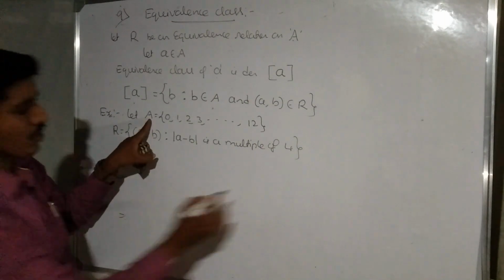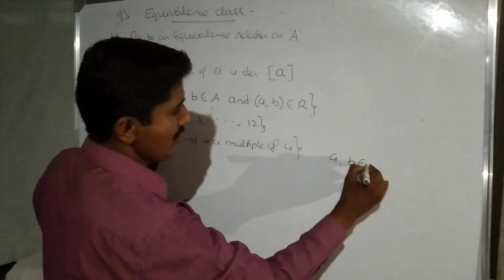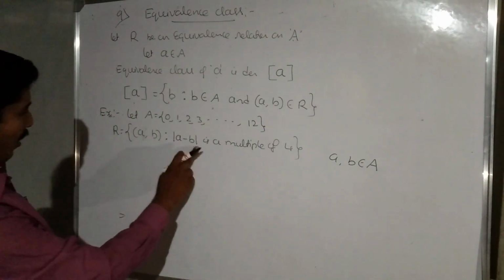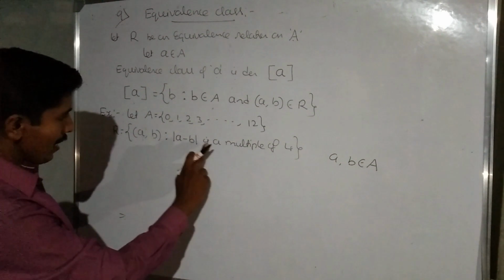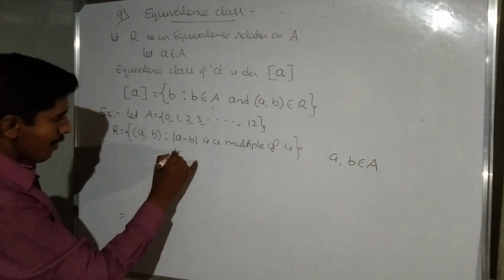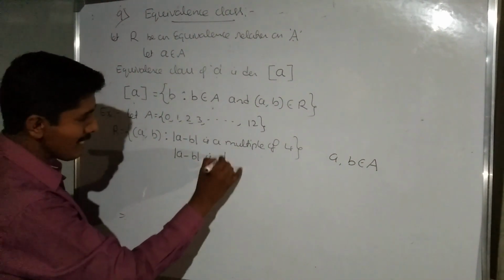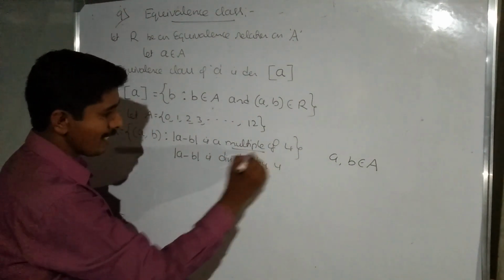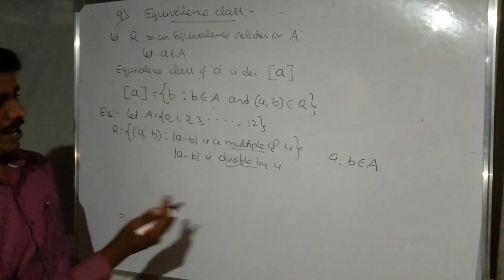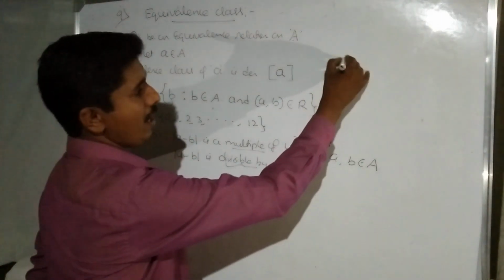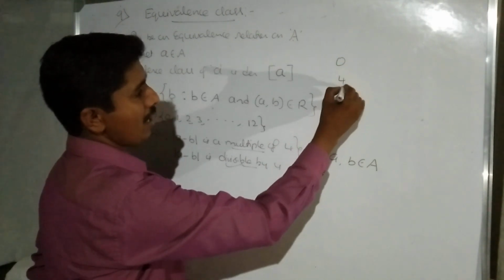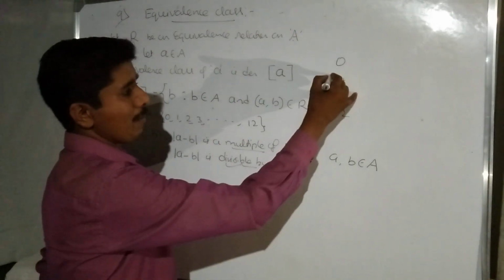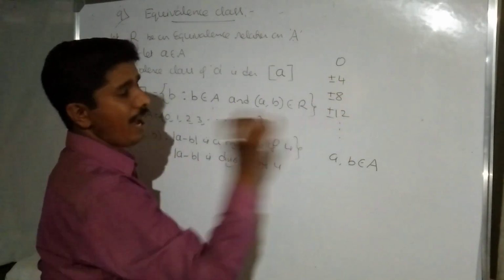Both a and b belong to set A. What is the relation between a and b? The modulus of a minus b is a multiple of 4, meaning it is divisible by 4. Multiples of 4 are 0, 4, 8, 12, like that, or you can take plus or minus, and so on.